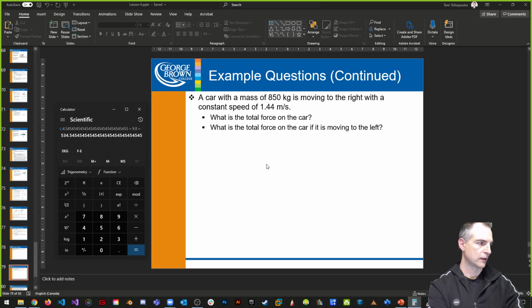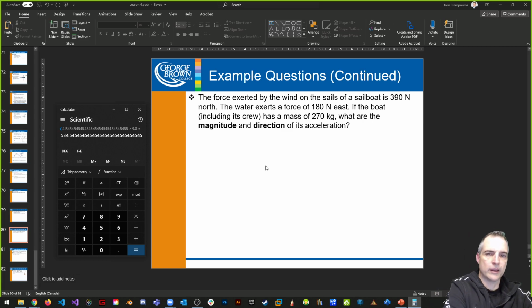Am I accelerating? If I'm not accelerating, then there's no force. The force is 0 if there's no acceleration. Remember that? These things that they're telling you are not important. The total force on the car, if I'm not accelerating, is zero. Force is equal to ma.